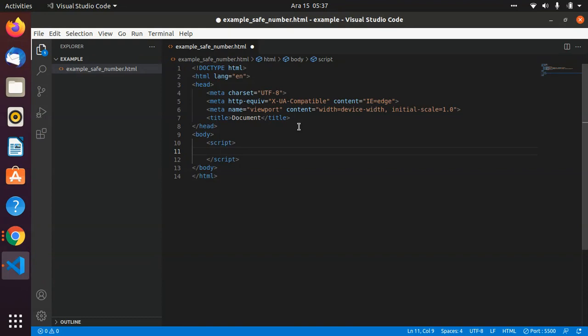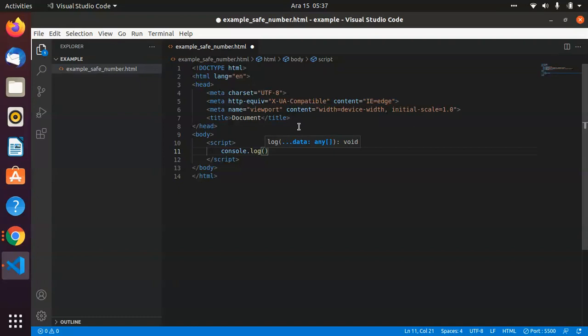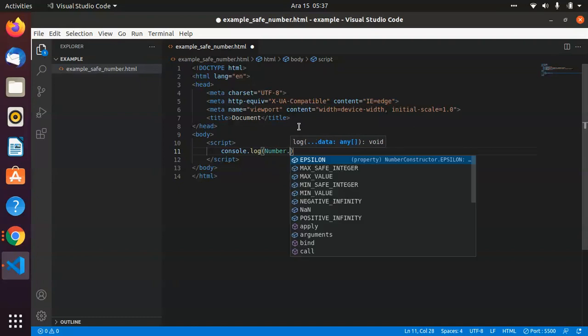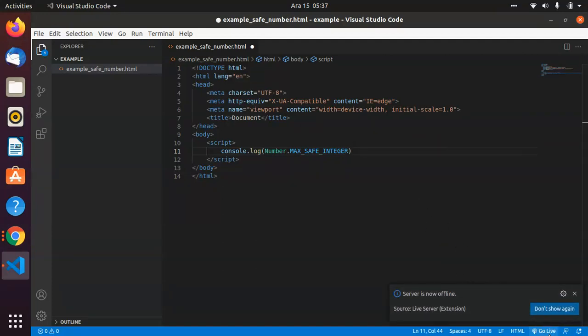Right here, console.log and say Number.MAX_SAFE_INTEGER. What it's doing, it is showing us the last integer number we can work with, so we can store the last maximum safe integer. I mean this one. Okay, now I will open one website.